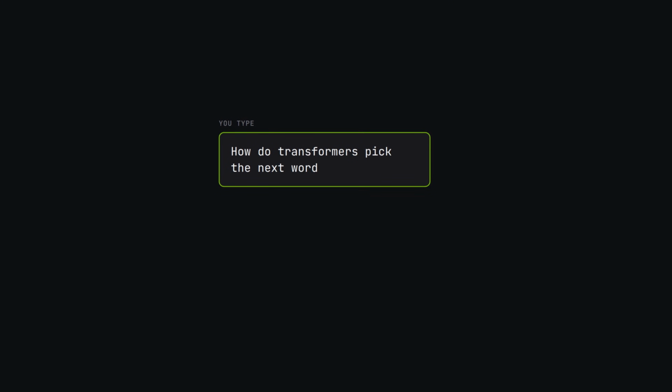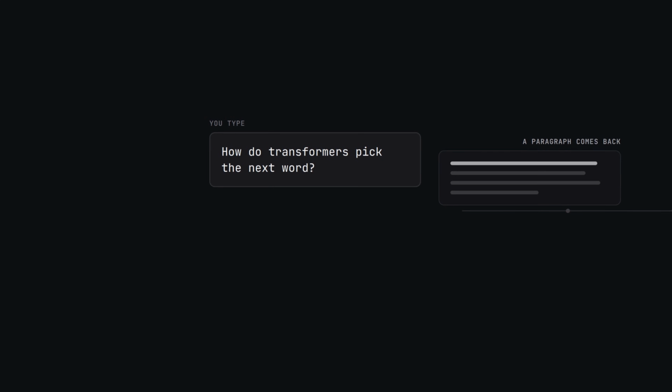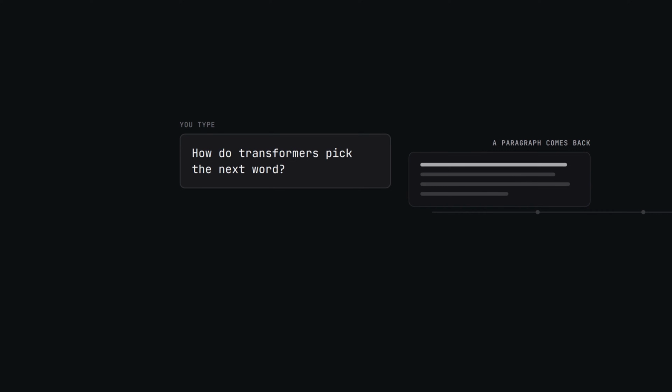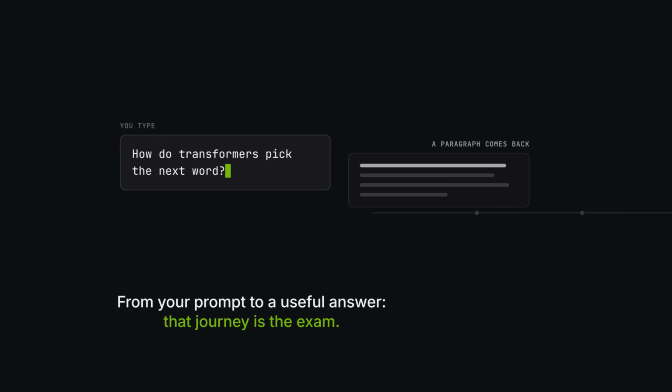Imagine you type one question into a chat box, and a paragraph comes back that actually answers you. Everything the NCA-GenL exam tests lives on the path that question takes. So before we go domain by domain, let me draw you the whole map. That journey from your prompt to a useful answer is the exam.